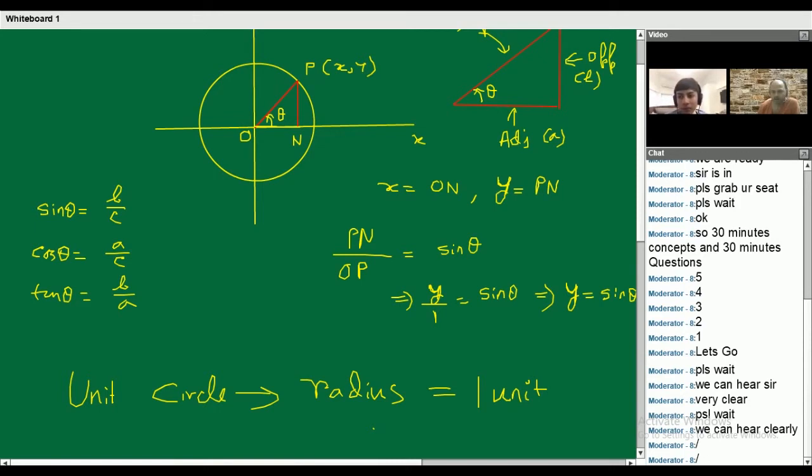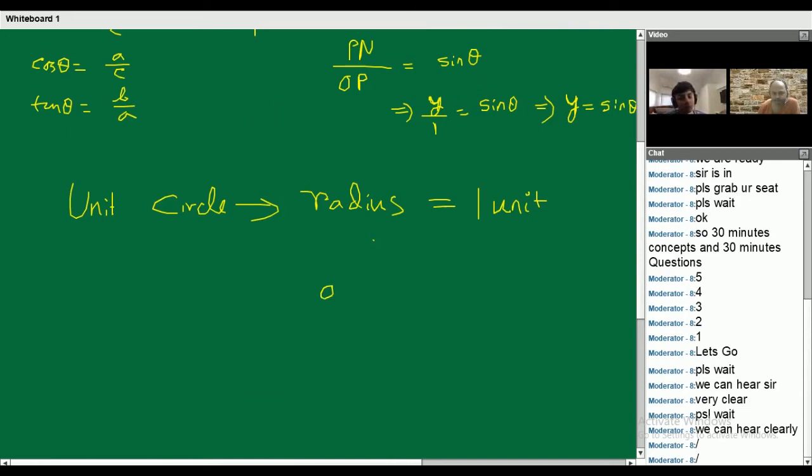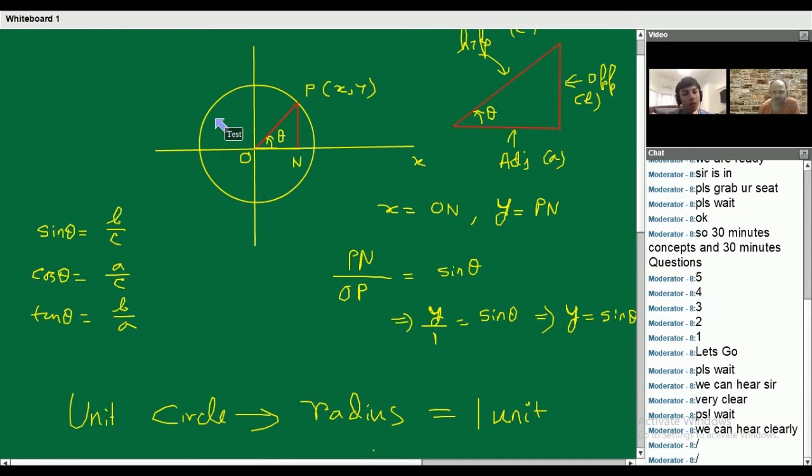And now the question is, if we consider ON over OP. Here is ON over OP. So which trigonometric ratio will it be? It will be adjacent over hypotenuse. It will be cos theta. Very good.